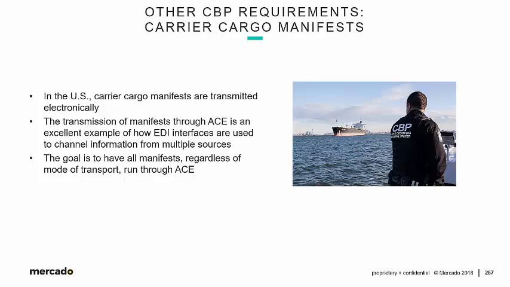The carriers themselves. But in some instances, especially on air freight consolidations, the forwarder can also transmit information. More on that in just a bit. The goal is to have all manifests, regardless of mode of transport, run through ACE. And that's been a lengthy process that has made lots of progress and will continue to do so.